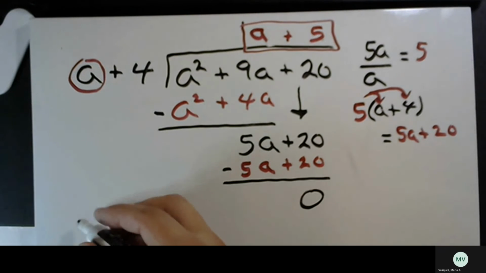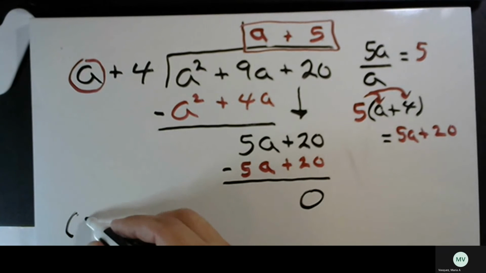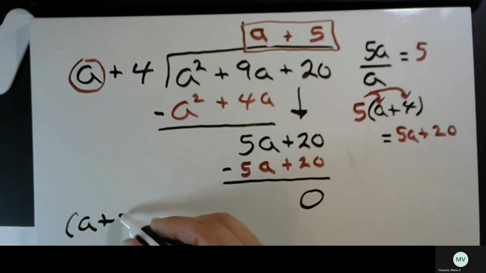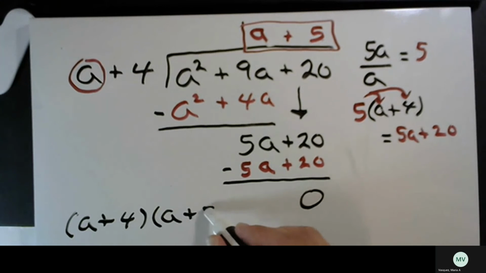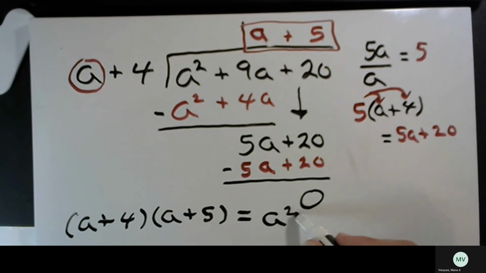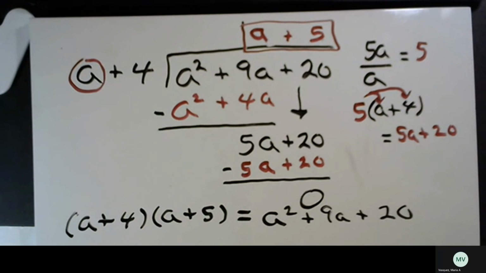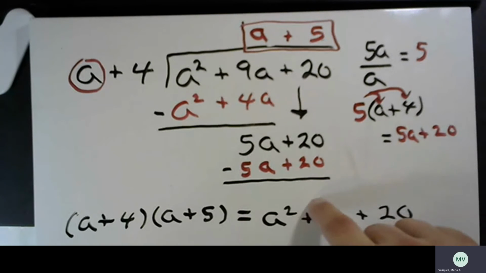Now, what this is actually saying is that if we took a plus 4 and we multiplied it to a plus 5, we're going to get a squared plus 9a plus 20. Okay, so it's the reverse.